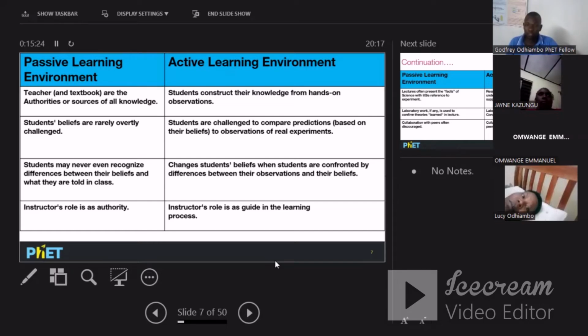Active learning also changes students' beliefs when students are confronted by differences between the observations and their beliefs. The teacher's role is a guide in the learning process, and those are the characteristics of an active learning environment versus a passive learning environment.